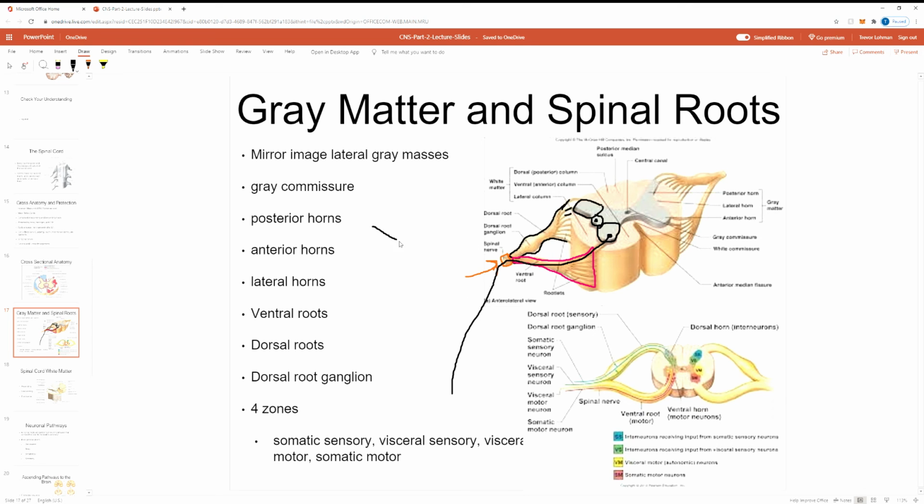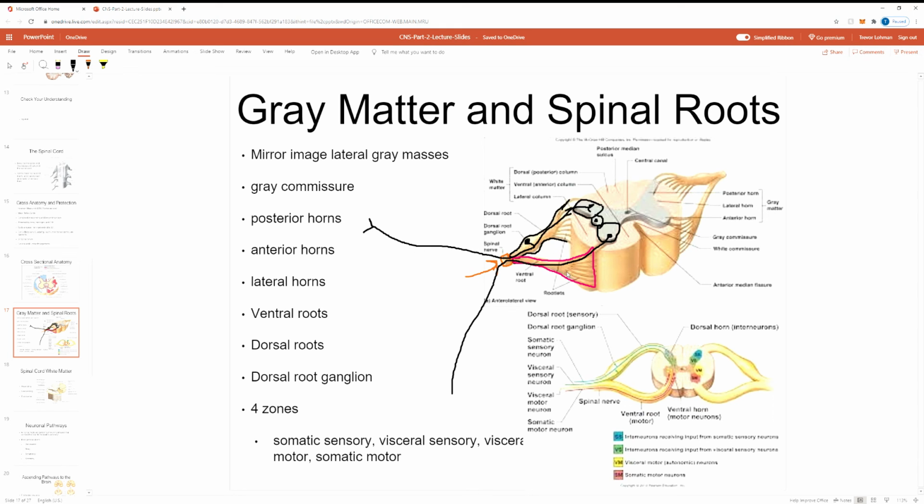The dorsal root carries sensory fibers, sensory axons. Remember that sensory neurons look a little bit different than motor neurons. They're pseudo-unipolar. So this little bulge in the dorsal root is a collection of the cell bodies from these sensory neurons. So this might be a pain receptor out in the body somewhere.